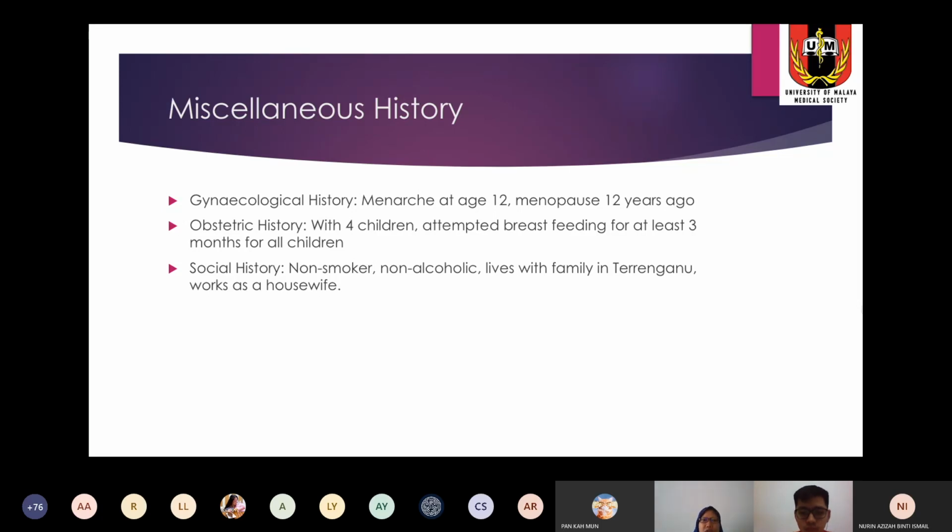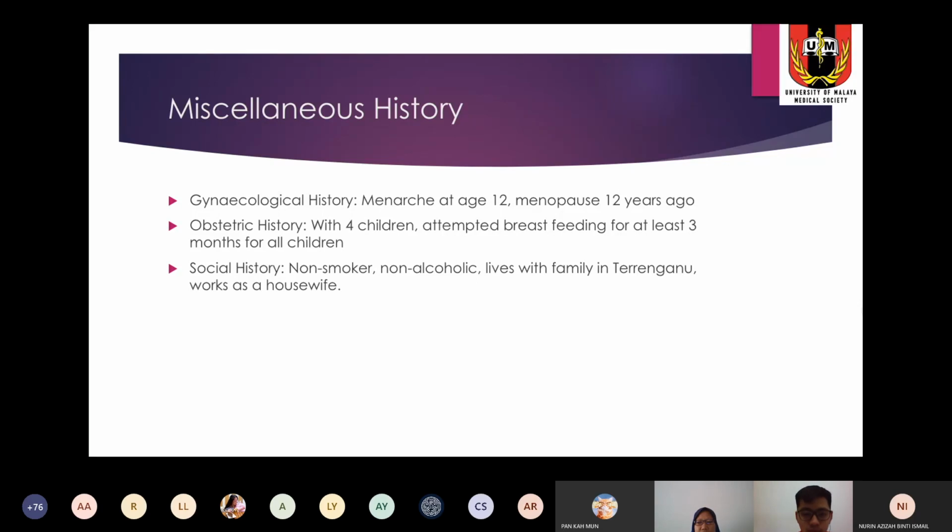That's why you need to know early menarche, late menopause. Why do I need to know about early menarche and late menopause? Because that is the duration in her life where the patient is exposed to estrogen.